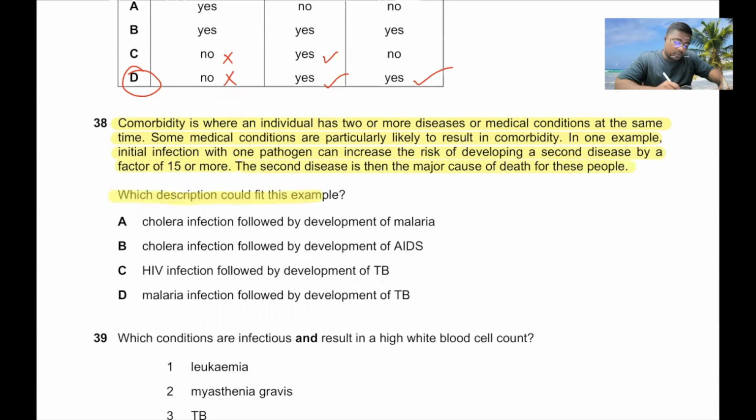Which description could fit this example? Cholera infection followed by development of malaria? No. Cholera infection followed by development of AIDS? No. Cholera does not cause malaria. Cholera neither can cause AIDS. HIV infection followed by the development of TB? Yes. This can be leading cause of death. 38C.